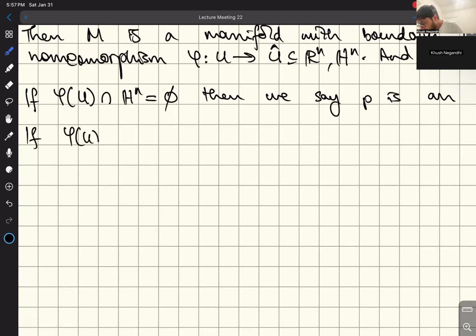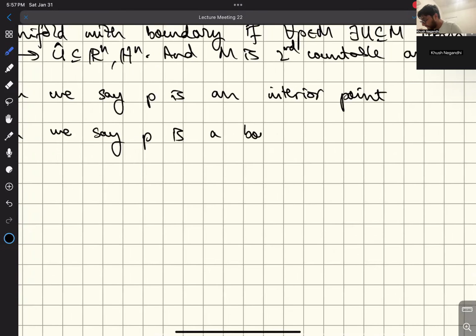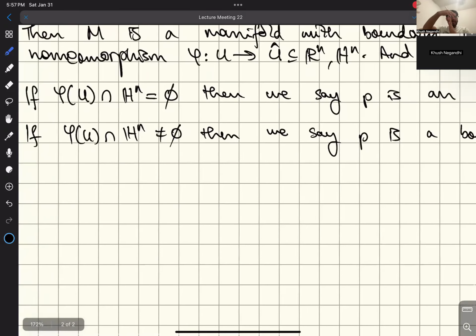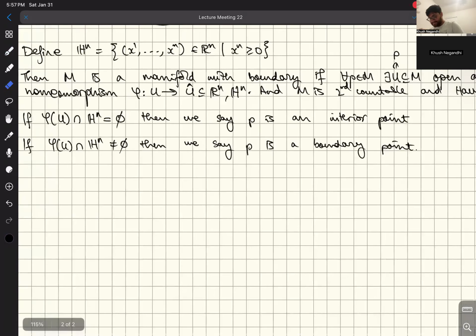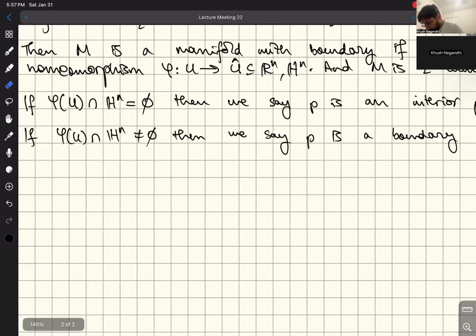But if the intersection is non-empty, then we say p is a boundary point. So in this case, we are using the fact that this open subset of M actually sort of looks like it has a boundary. Right? The other one didn't really look like it has a boundary because we can approach points on the boundary, but the boundary is outside of it in some sense. Right? And so we call the boundary of the manifold just the collection of boundary points.